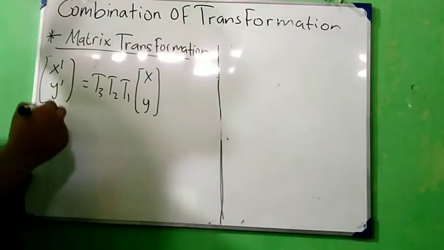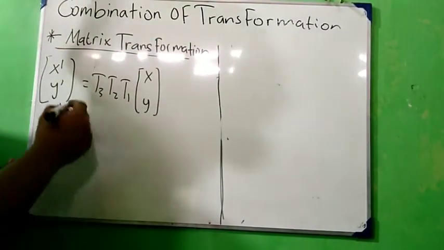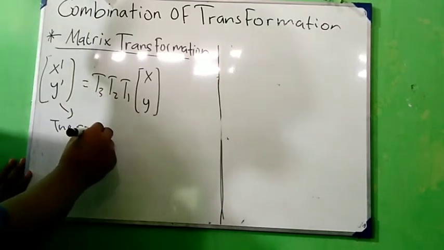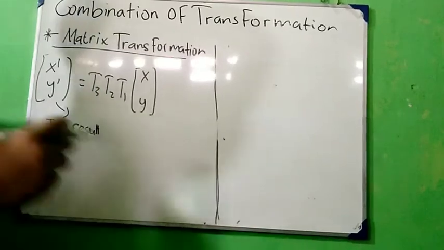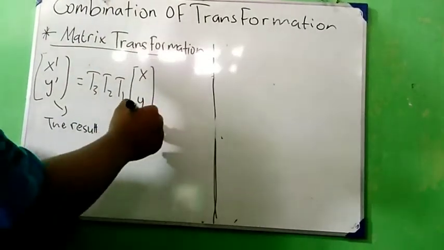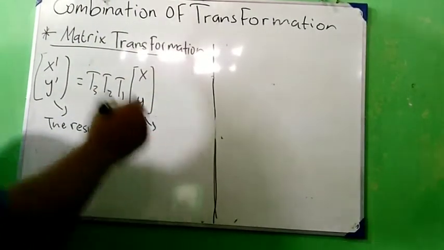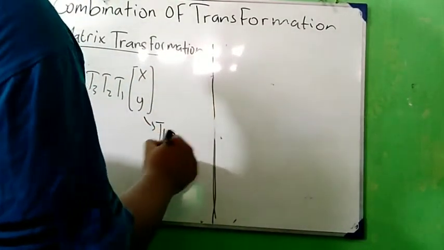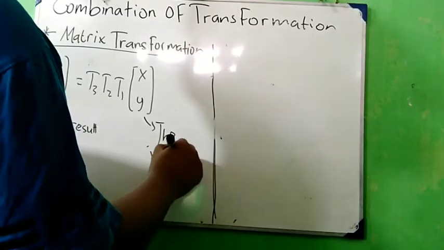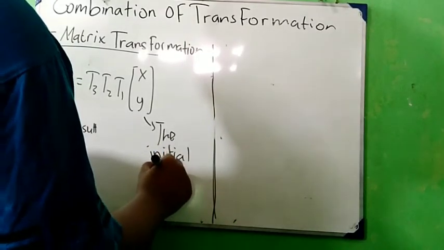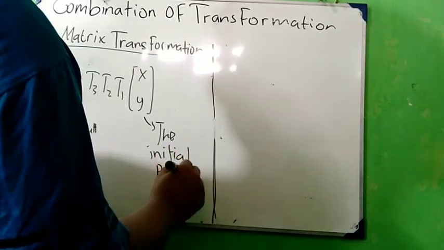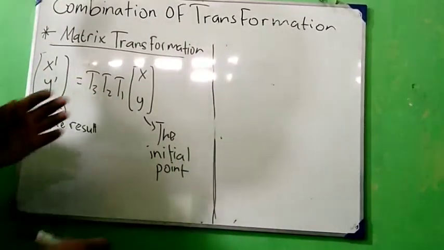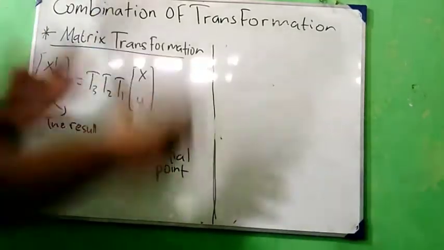So x' and y' is the result of the transformation. And this is the initial point. And then T3, T2, and T1 is the matrix of transformation.